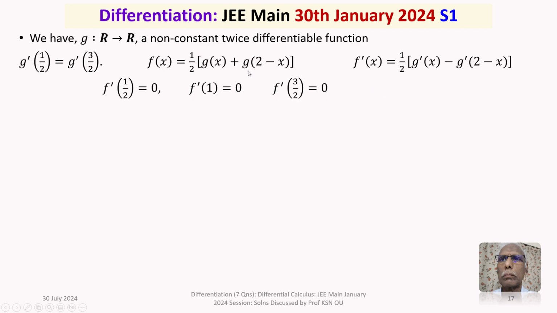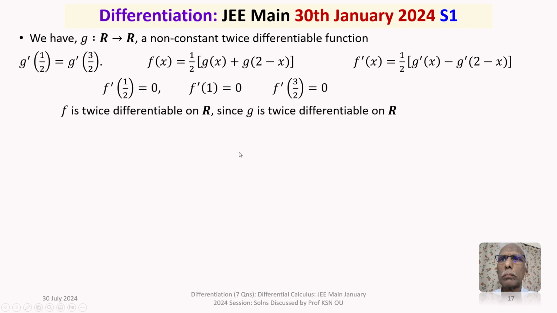Now g is a non-constant twice differentiable function, and f of x is defined in terms of g of x. Therefore f of x is also a twice differentiable function on R, because g is twice differentiable on R. Agreed. If f is twice differentiable, then f prime is differentiable once.